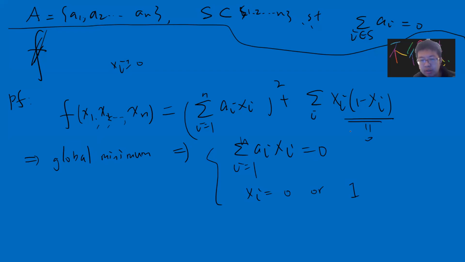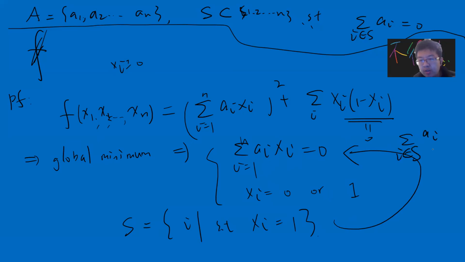But xi equal to 0 or 1 is the same as choosing a subset such that the summation of ai is 0. I can take S to be the set of i such that xi is 1. Then this S makes the summation of ai for i in S equal to 0.